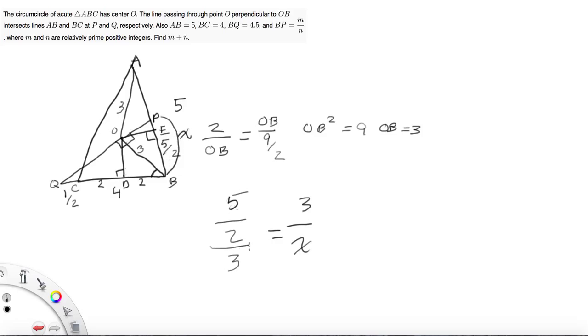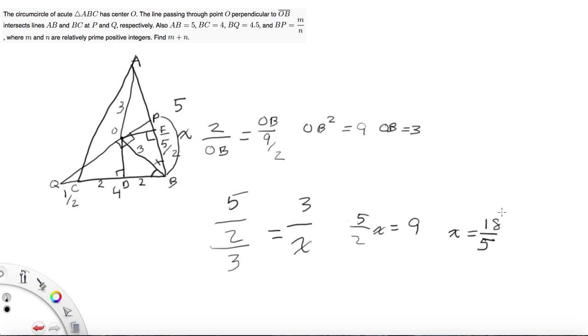We can set up this ratio because BEO is similar to BOP: they both have right angles and share this common angle. So solving this ratio, 5/2 times X is equal to 9, so X is equal to 18 over 5.